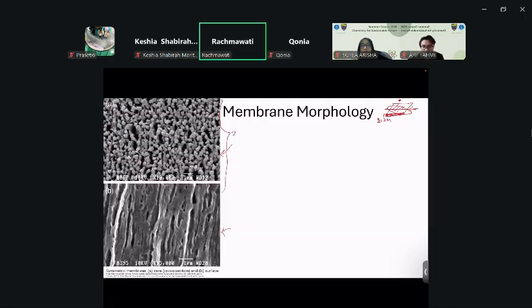So this is the thickness of the membrane. And so you actually see the SEM from the side for this thin film, and it's actually porous. That's actually what you want to see when you want to decide what type of membrane you have.